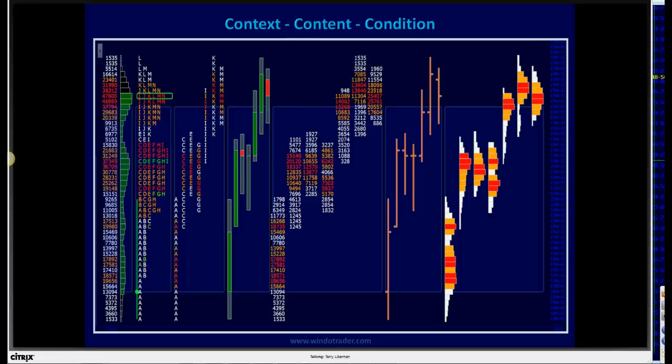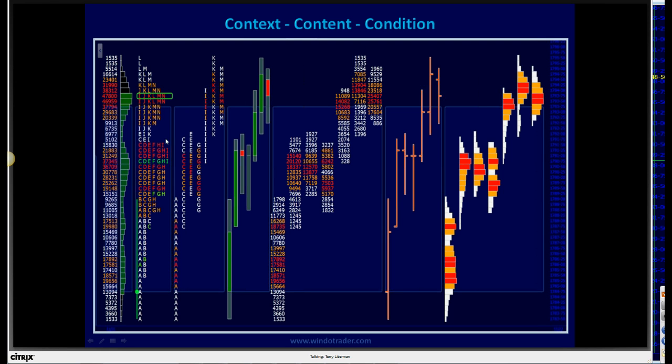And let me go to this one. Here's another way to look at it. Context, content, condition. Over on the left, we have volume at price. Then we have a volume histogram. And that volume histogram is colored like a candlestick, so we can tell where the market opened if I just look at that histogram, and I can tell where it attempted to go beyond the open, beyond the close, and then I can also see the close.